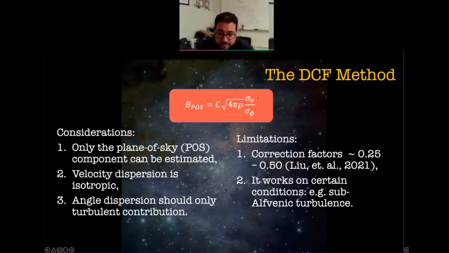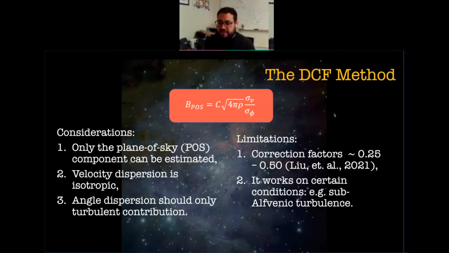That's actually the principle that allows us to use this expression. And finally, a really important thing is that the angle dispersion that you introduce in this expression has to only take into account the effects of the small-scale turbulence.